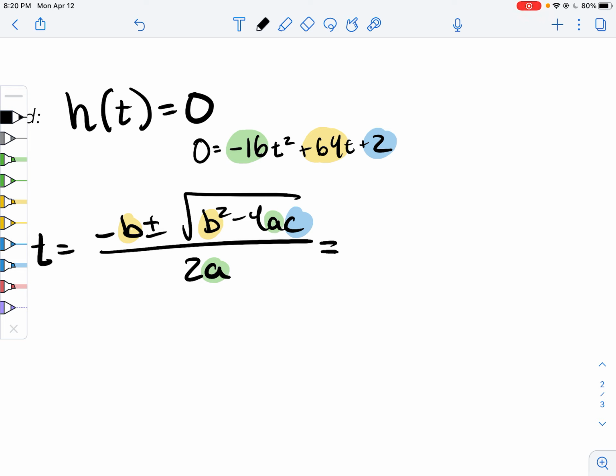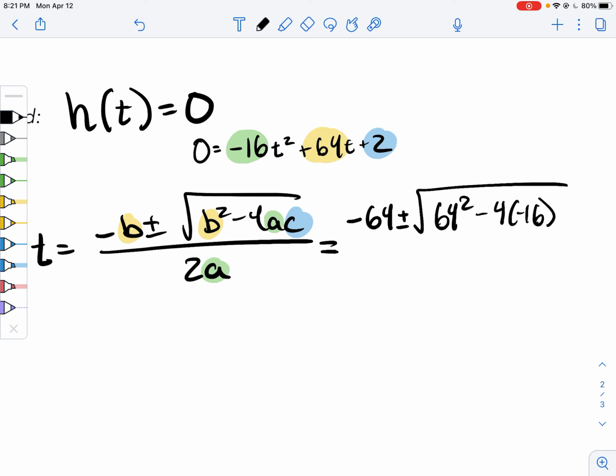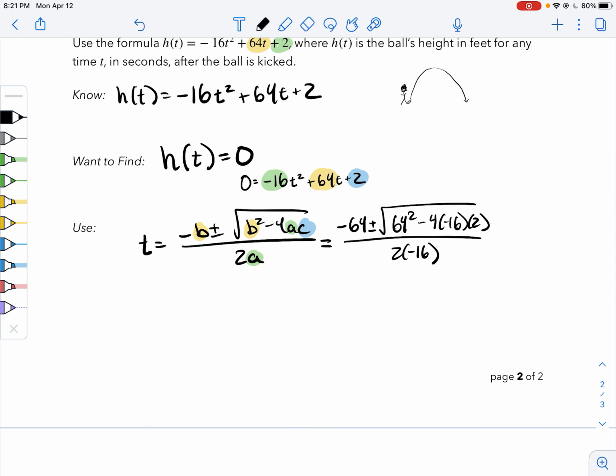Plug that all in. x equals negative b plus or minus the square root of b squared minus 4ac, all over 2a. Cool. We plug that all in. And that ends up being negative 64 plus or minus the square root of 4,224, all over negative 32.